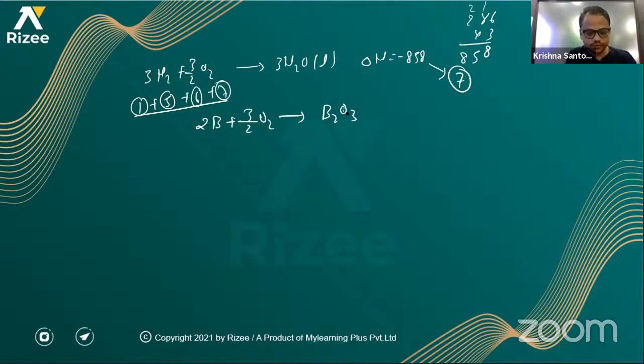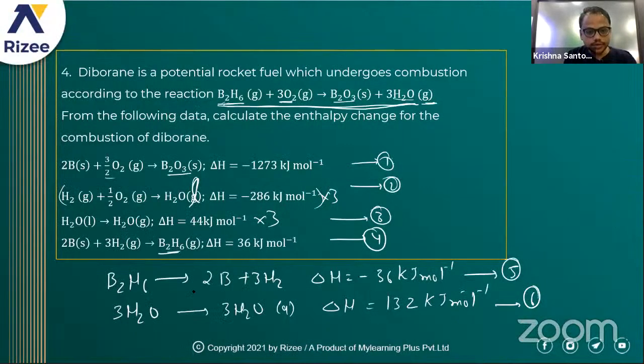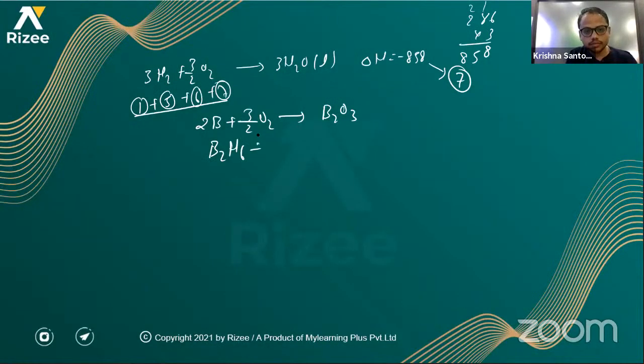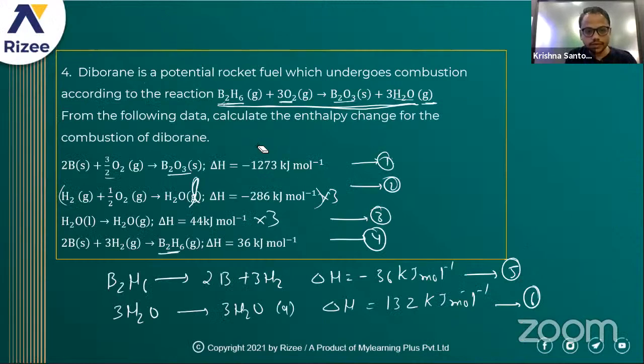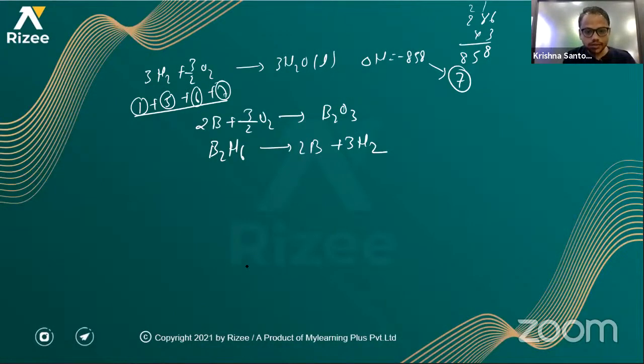Next, the fifth one is B2H6 gives rise to 2B plus 3H2. You can ask Viren in the chat box the doubts you are having.